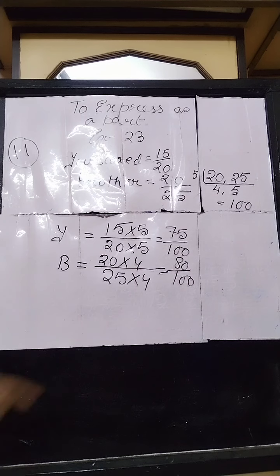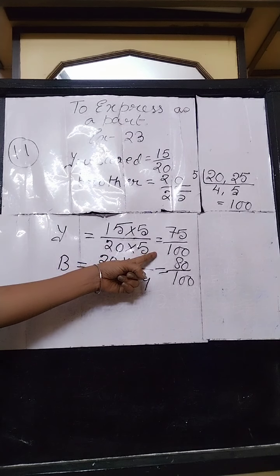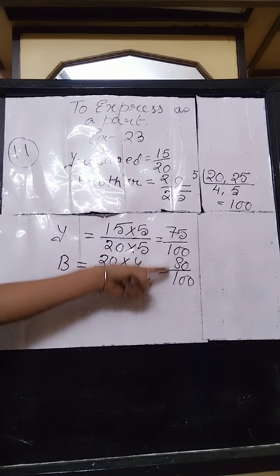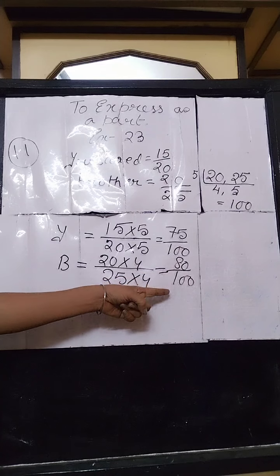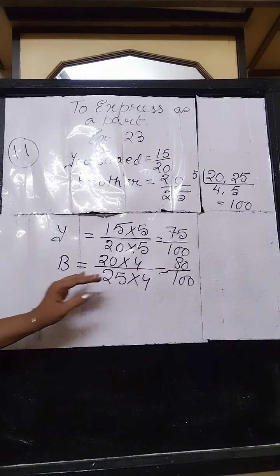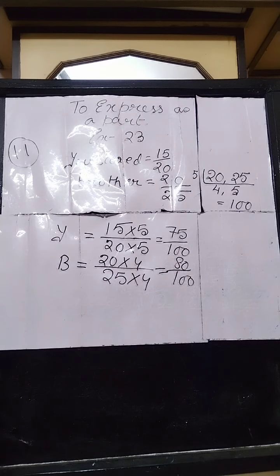First, your score in mathematics is 75 out of 100, whereas the score of your brother is 80 out of 100. So from these two scores in mathematics, you can easily obtain a result that your brother's performance is better than your performance.